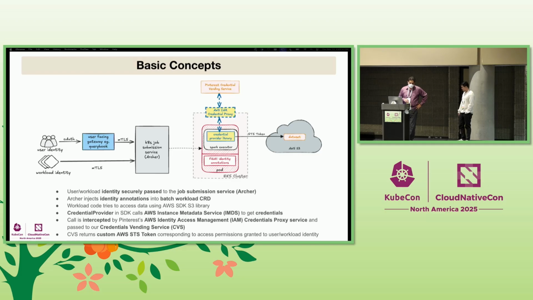Once the actual job is running, when it tries to access an AWS service, in our case S3, it'll use the AWS SDK. Now, within the SDK, it's configured to use a credential provider that actually accesses the AWS metadata service that's running on the EC2 host. So that's the AWS IMDS service.